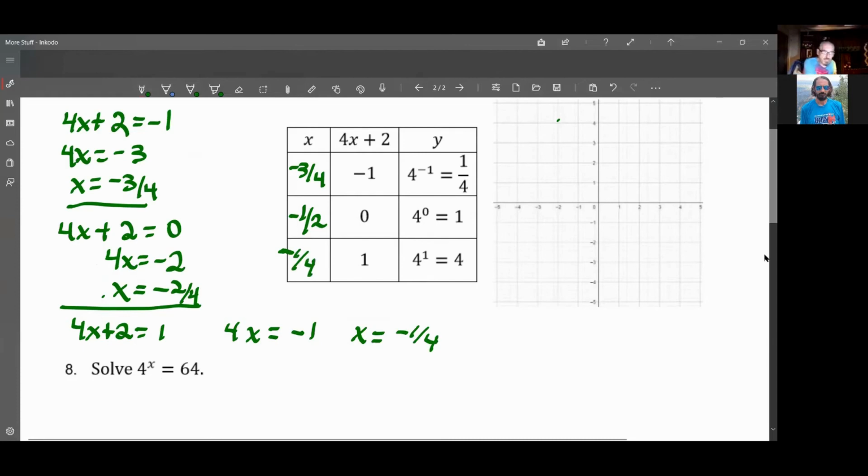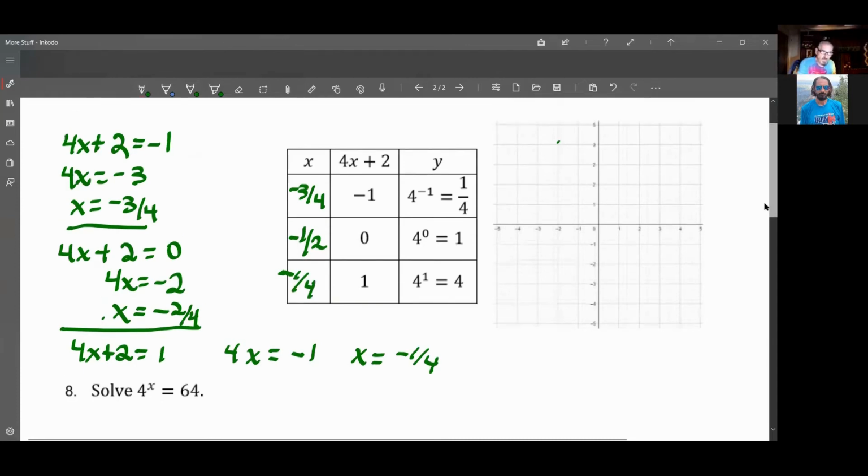So I'm going to look at the first and third columns for the points to be plotted. We'll have -3/4, comma 1/4, -1/2, comma 1, and -1/4, comma 4 to plot.